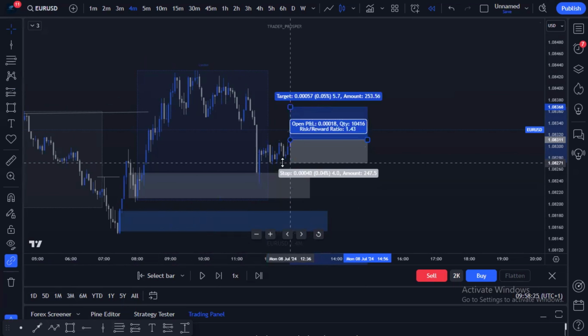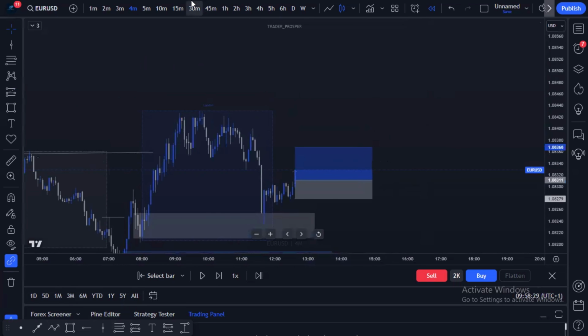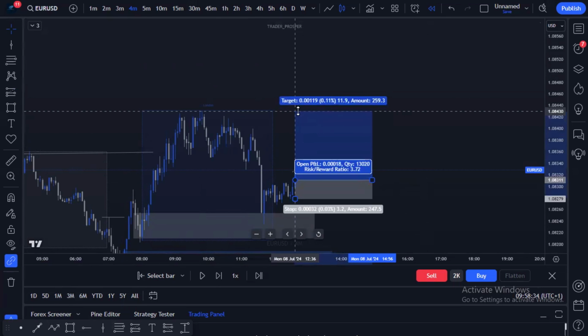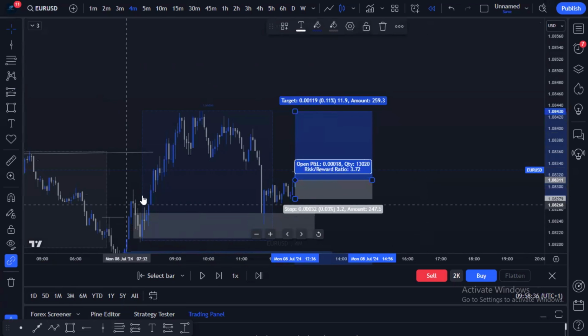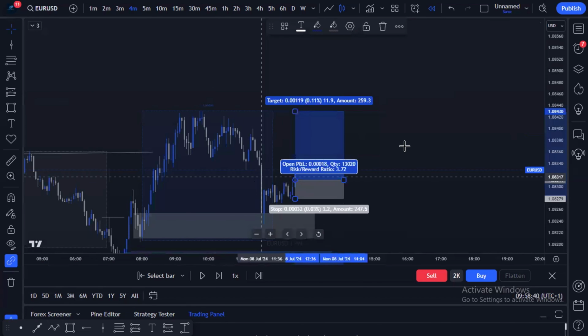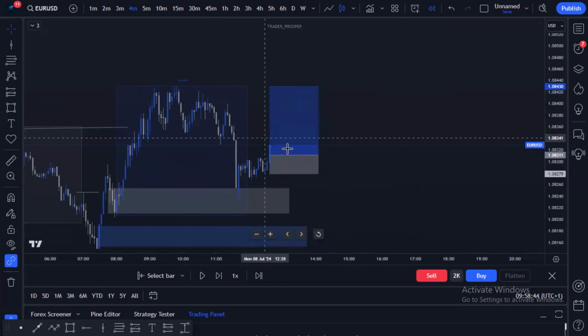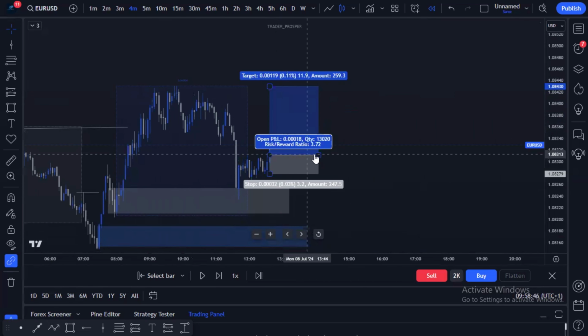My stop loss will be set to this point here, and let's see if I can target this point again for 3%. Remember, we got 3% here. And same Monday, this is Monday, 8th of July. Same Monday, two setups have presented themselves.